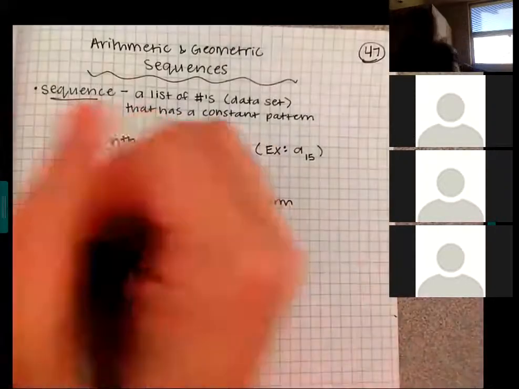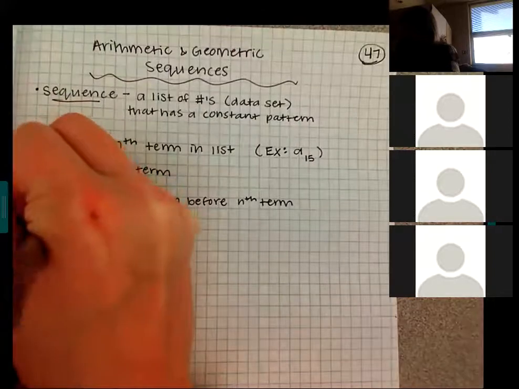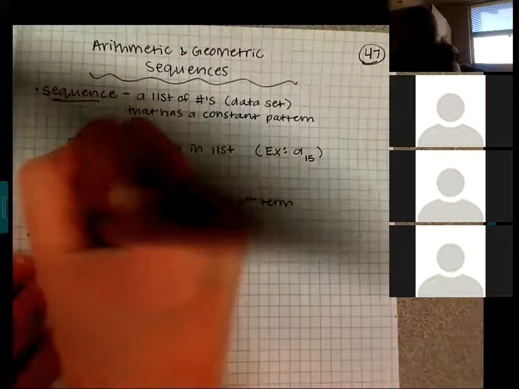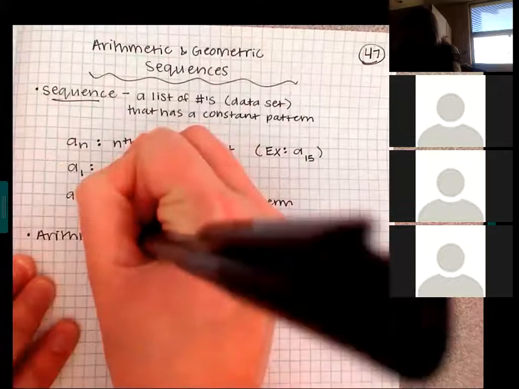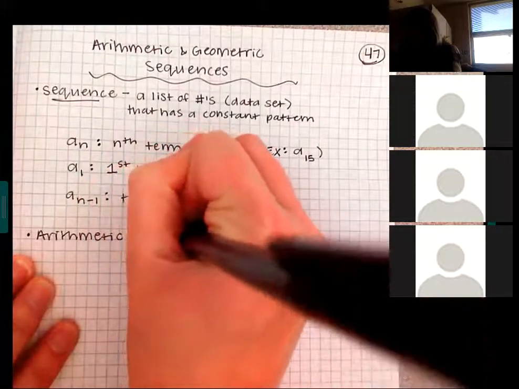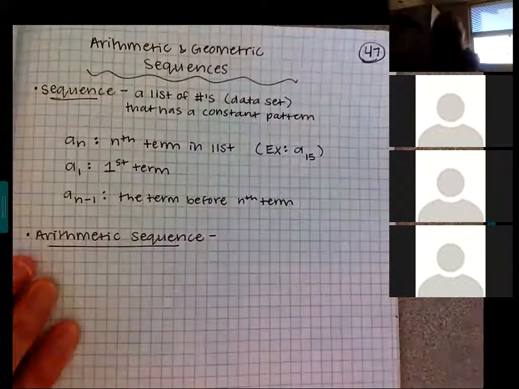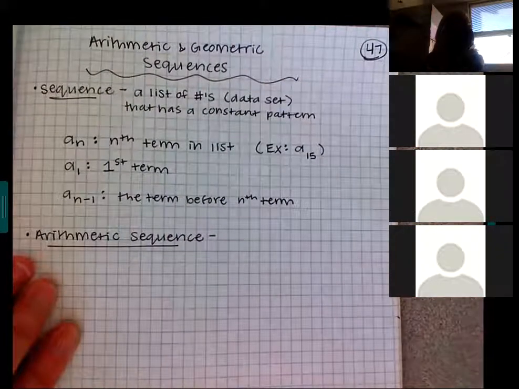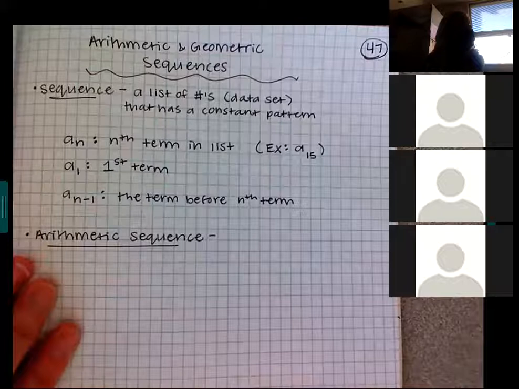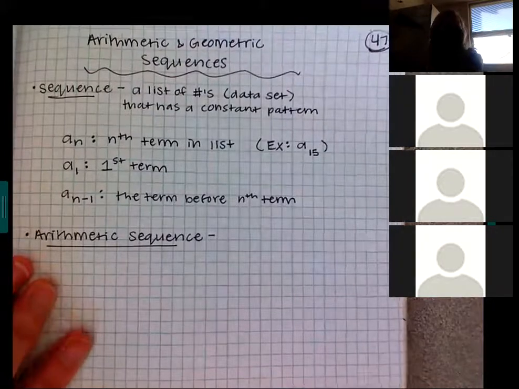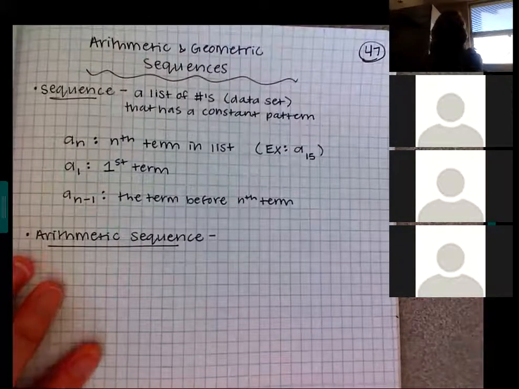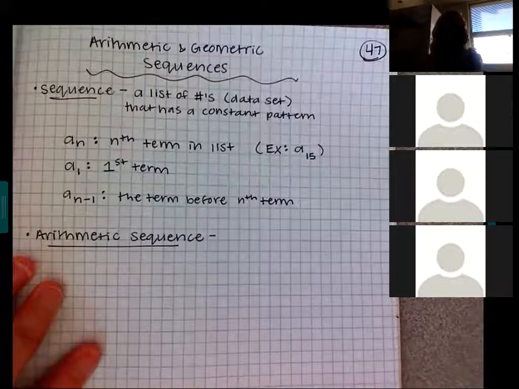All right, so an arithmetic sequence, I just told you, is a sequence with what kind of pattern? Adding and subtracting. Thank you, Brody. I'm glad Brody's here to listen and answer my questions. Adding and subtracting.